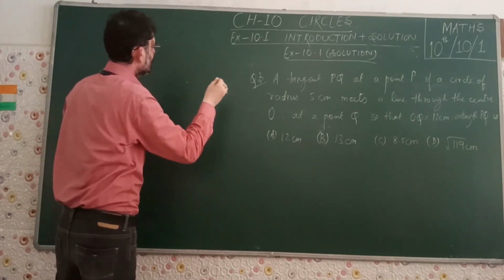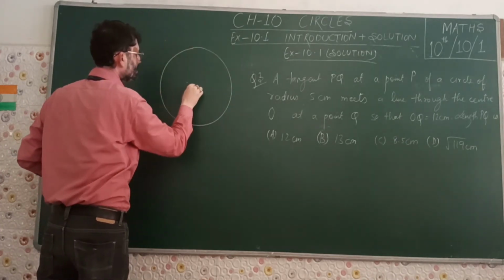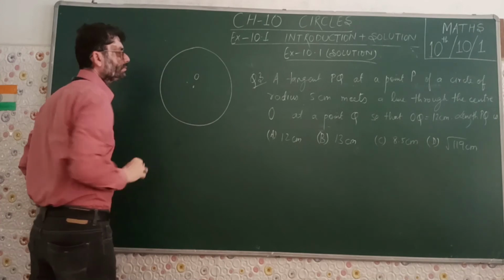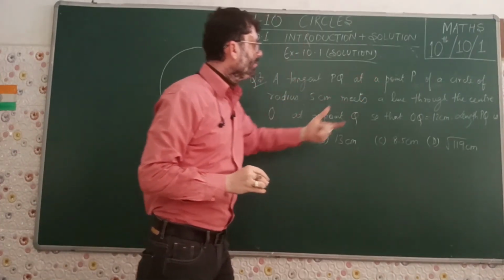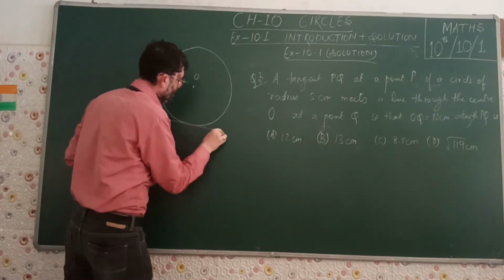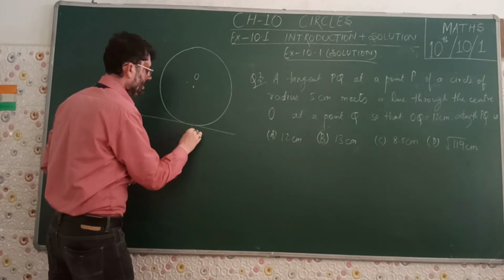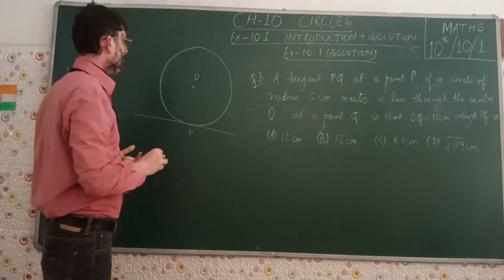What does the question want to say is, we are given a circle with center O, and a tangent PQ at a point P of the circle. So we are given the tangent also at a point P, of a circle of radius 5 cm.